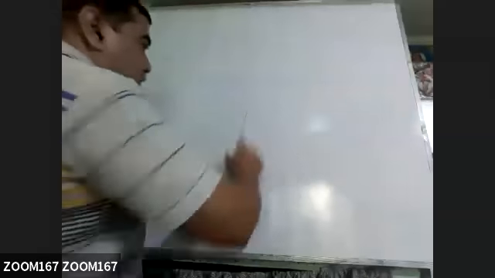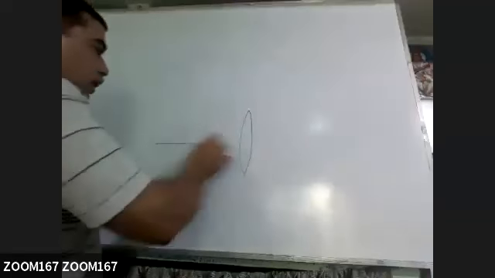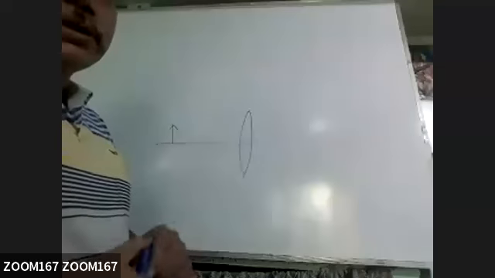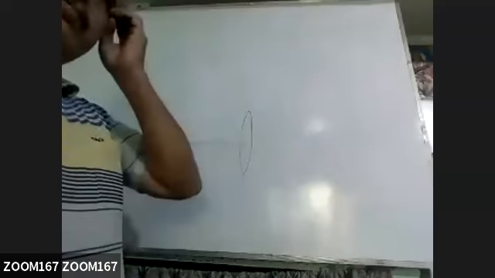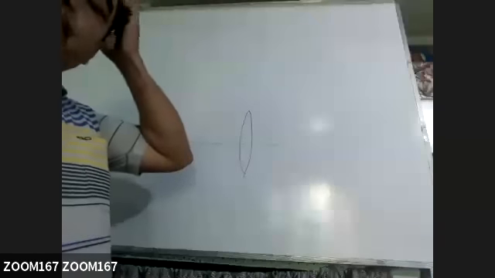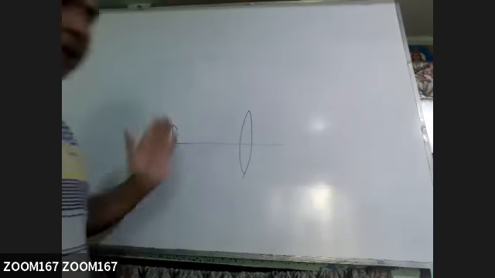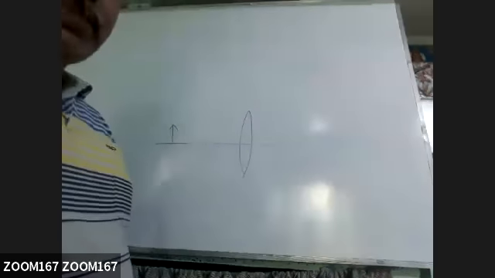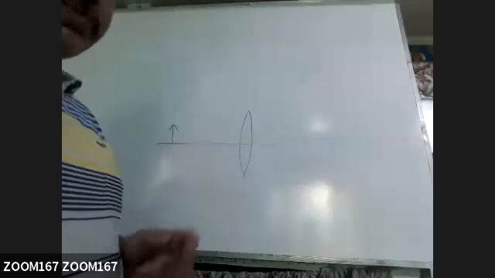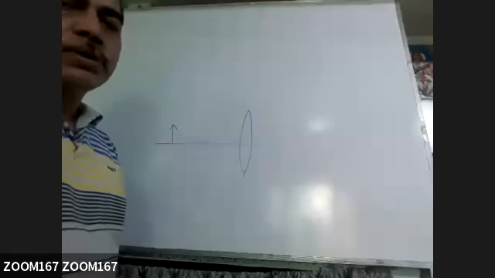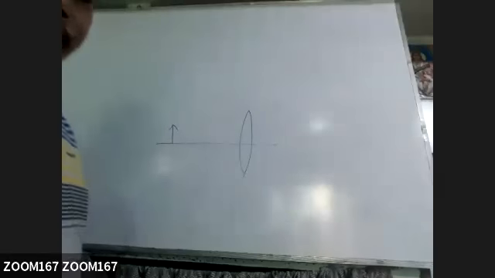If you are considering the lens, suppose this is the lens and here is the object, then which are the rays we must consider to get the position of image? So those rays we call principal rays. Principally, which ray we have to consider to get the position of image. So what are the rays?